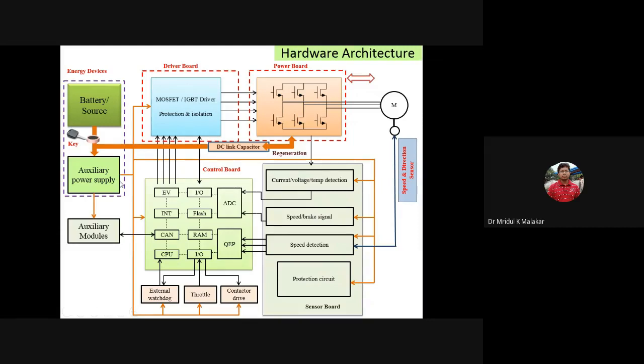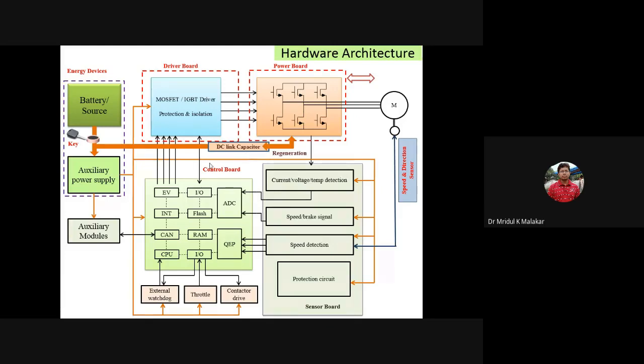And another one is the battery source. A monitoring system is also required. So once you want to control all the parameters, you have to design this kind of hardware architecture. This is a fundamental architecture. You cannot get any hardware system other than that.